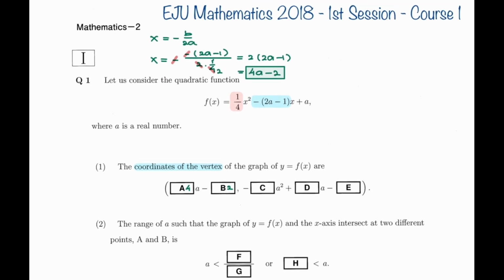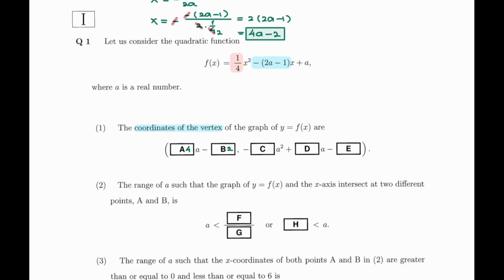After we obtain the x coordinate of the vertex, if you want to find the y coordinate of the vertex, just substitute the x coordinate of the vertex into the function. So the y coordinate of the vertex equals 1 over 4 times (4a minus 2) squared, minus (2a minus 1) times x.